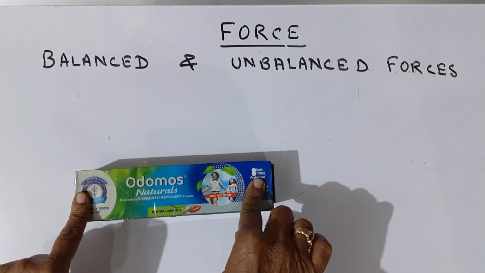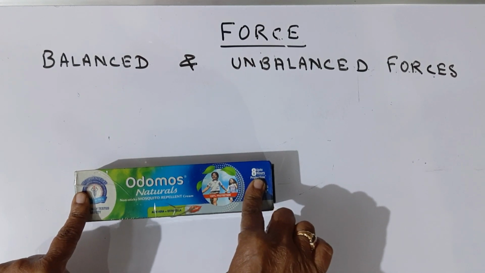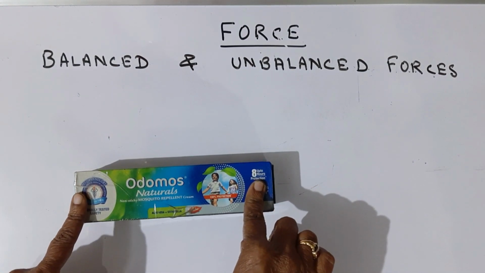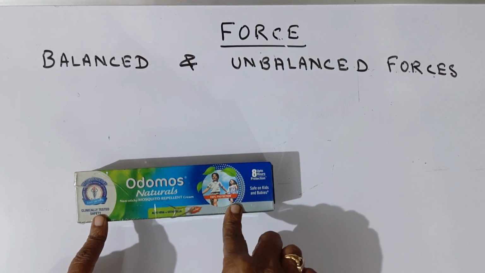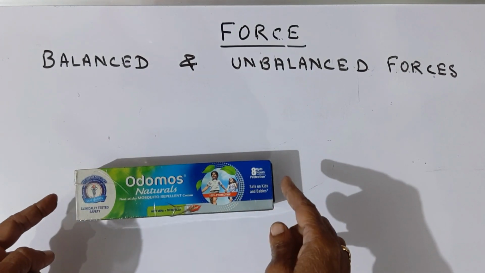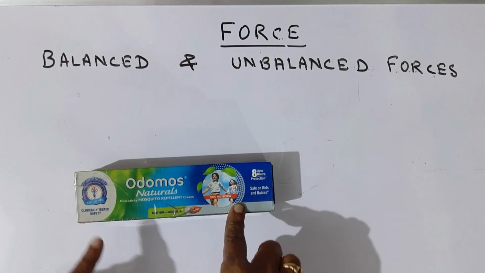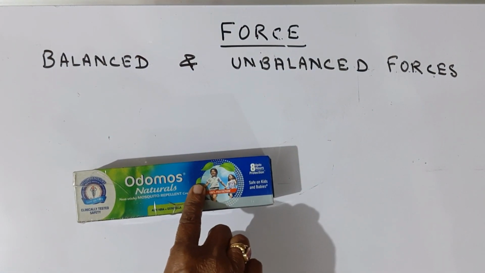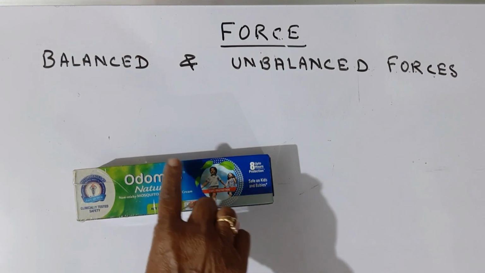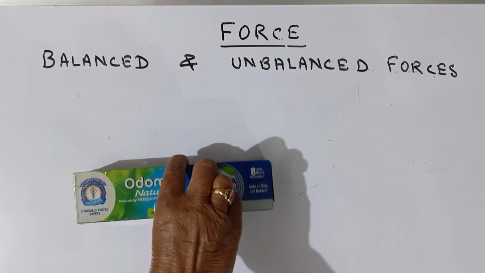So we can now define the balanced and unbalanced forces. Although I have shown you with example with only two forces, there may be more than two forces acting on the object. What happens in such cases? Let us see.